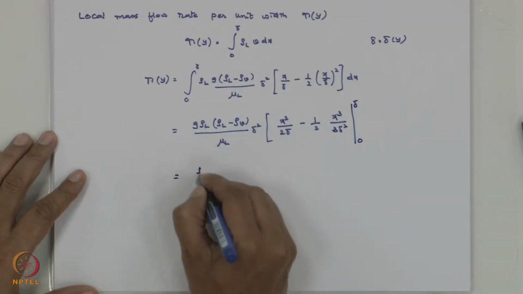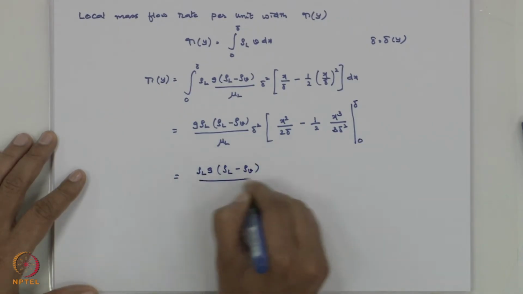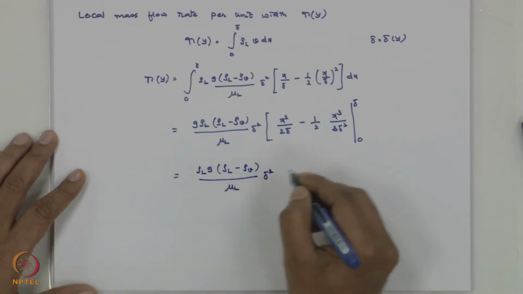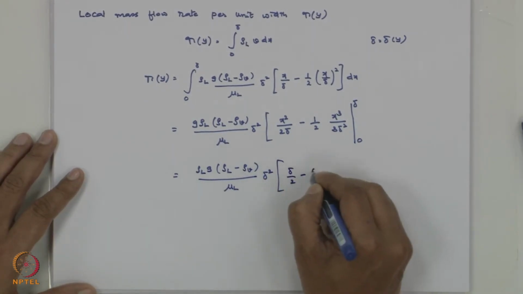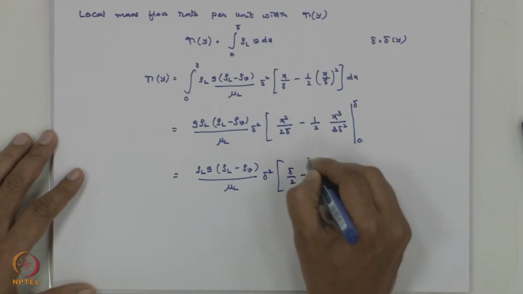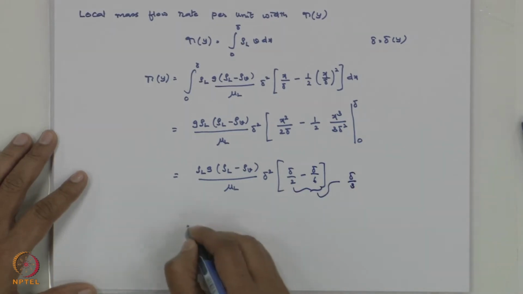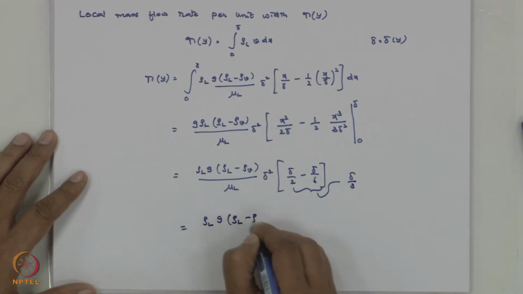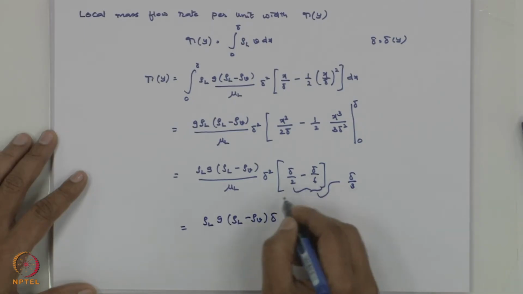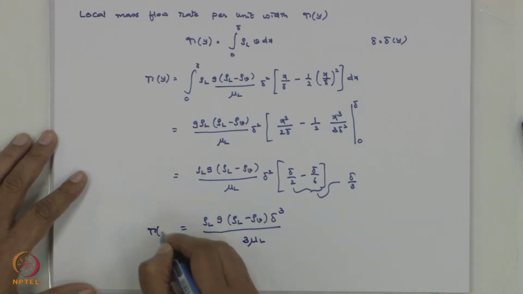Substituting, rho L g (rho L minus rho v) upon mu L delta squared into (delta by 2 minus delta by 6), this comes to delta by 3. So rho L g into (rho L minus rho v) delta cube divided by 3 mu L. So this is my gamma of y.